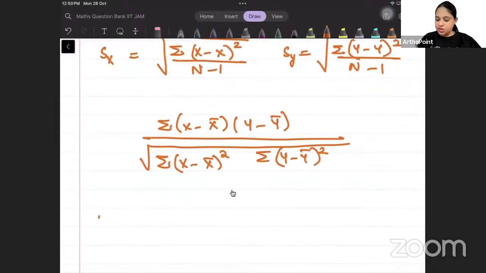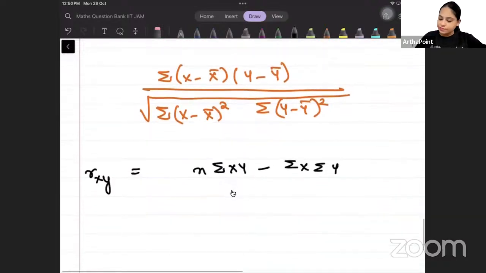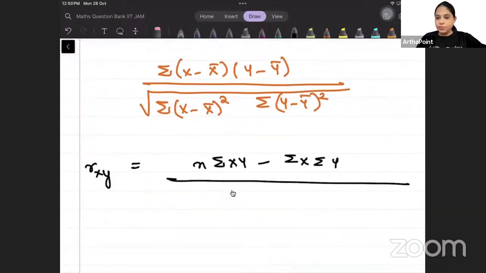You can open this up, and the value of R you can also get as n summation xy minus summation x summation y upon n summation x square minus summation x whole square, right?